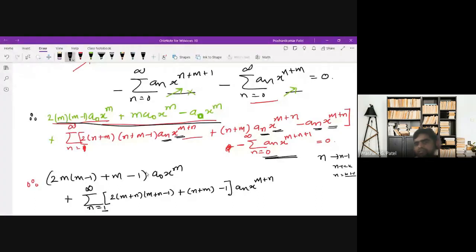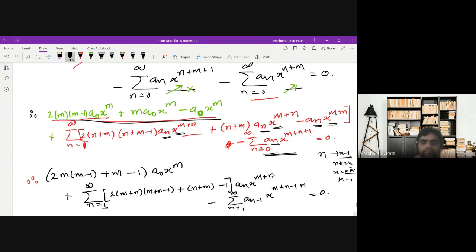So when n is 0, k will start with 1. I'm just changing the index. Instead of n, I'm replacing n minus 1. So wherever n is there, substitute n minus 1. So that is n running from 1 to infinity. Now an will be a n minus 1, x power m plus n minus 1 plus 1, equal to 0.